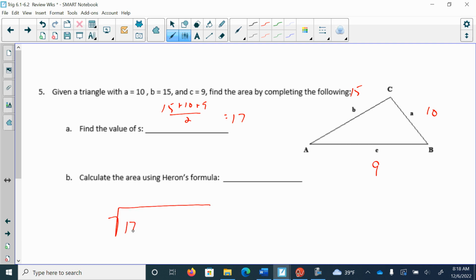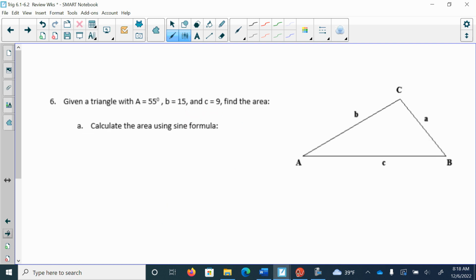I take 17, and then I take 17 and subtract each one of the sides. So 17 minus 15, 17 minus 10, 17 minus 9. Doing this all in my calculator in one step, and I get 43.63, and then my units are square units. And that's going to be my area.